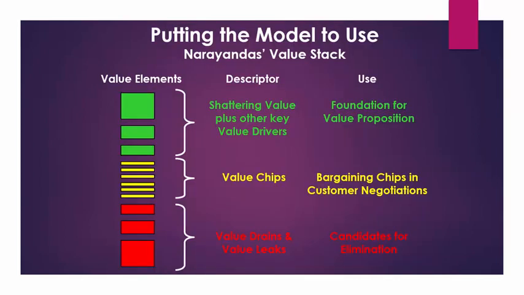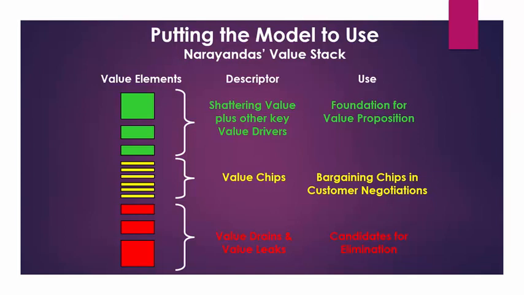All right, now, the model is a great jump-off point for strategy, and I'm summarizing this here in my colleague Das Narayandas' paper, where he describes the value stack. The value stack represents all the elements of value that your product creates relative to others. And you can see three colors here to the left: green, yellow, and red.